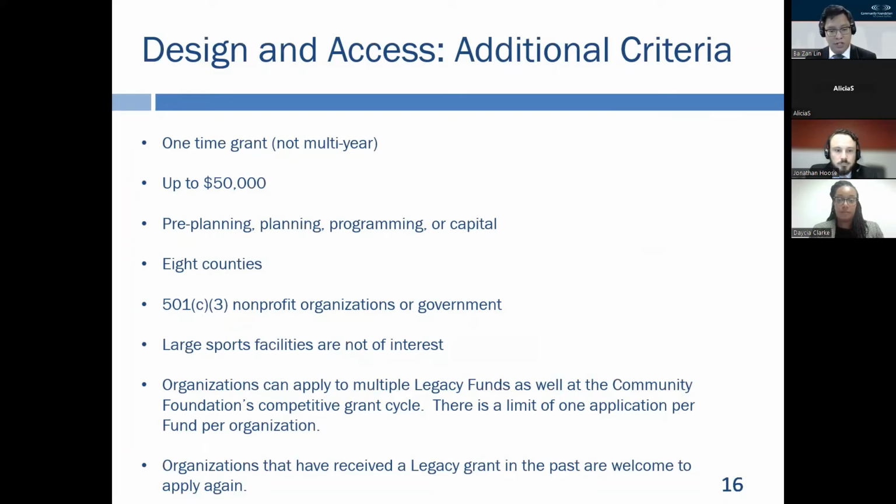Applicants can be 501c3 not-for-profit organizations or government entities such as municipalities or school districts. Large sports facilities are not of interest. Again, organizations can apply to multiple legacy funds as long as it makes an impact in the communities.